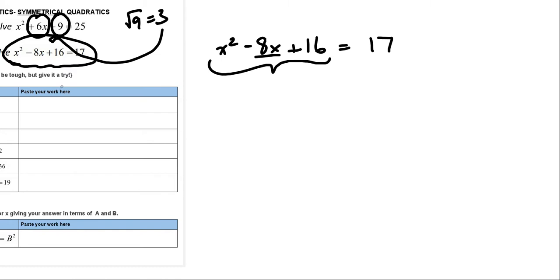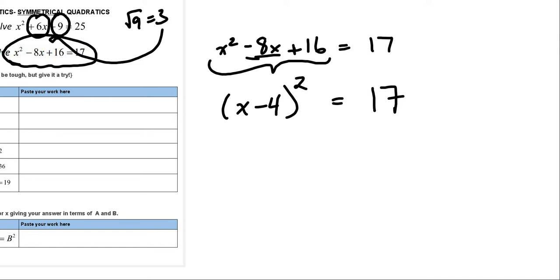So practice those shortcuts from last year: what's half of negative 8? Well, that could be x - 4. Square 4, 16. Check. Plus 17. So this is from last year, x² - 8x + 16. If we need some review, we'll talk about it in a Google Meet. (x - 4)² = 17. Good, we have something squared equals 17.